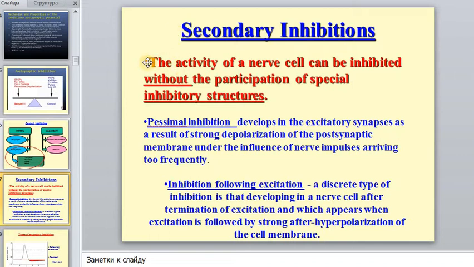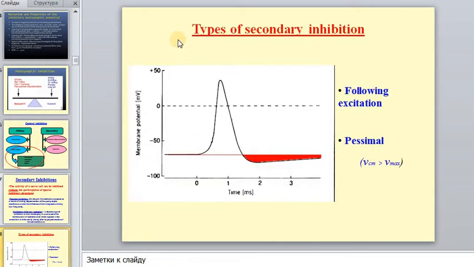Let's look: the activity of a nerve cell can be inhibited without the participation of special inhibitory structures. And the slide shows the types of secondary inhibition, pessimal or following excitation.